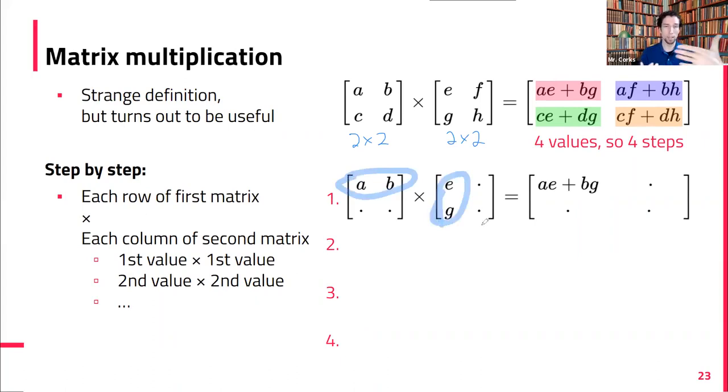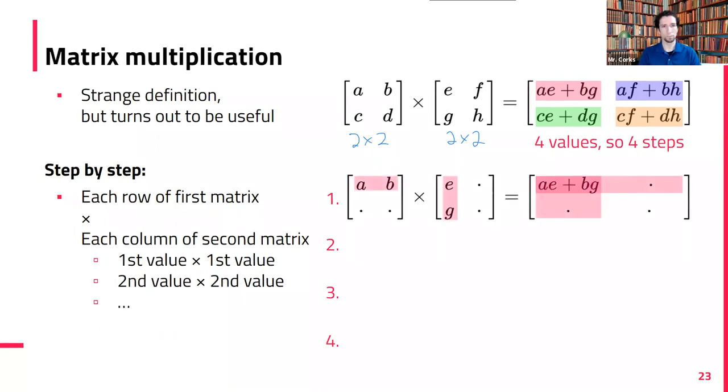How do we multiply a whole row by a whole column? Well, we match up the individual values. So we take A, the first value that we have, and then the first value here, A times E, that's here. And then we add to that each of the other positions lined up and multiplied.